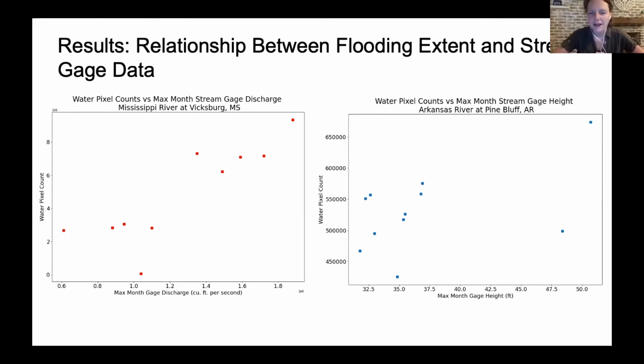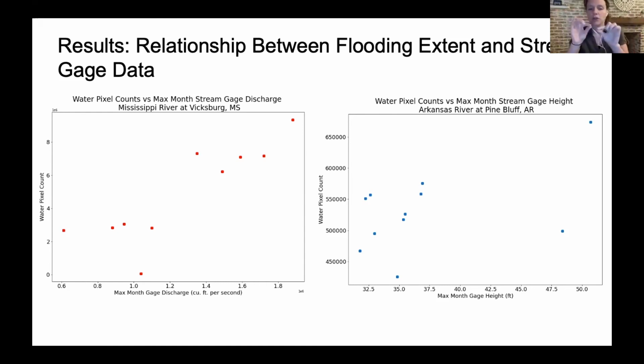What we would expect to see, and Ava touched on this earlier, is that if we plot water pixel count versus stream gauge data during business as usual day-to-day river operations, we wouldn't expect to see any increase in water pixel count during the lower end of the discharge or gauge height values.